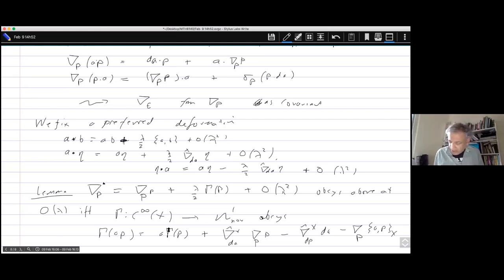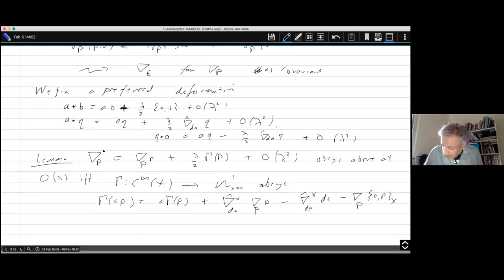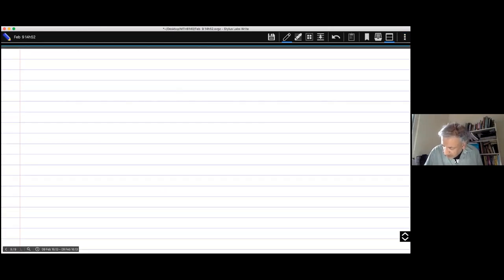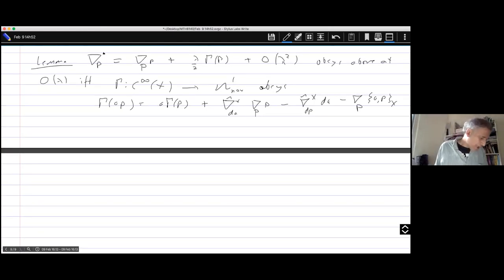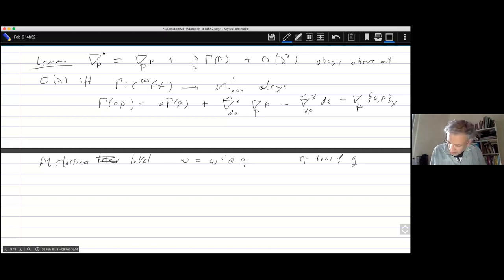So then we have to solve these conditions. This is the semi-classical data for a spin connection on a quantum principal bundle at semi-classical order. And when we start proving things about it, we'll need all the assumptions of a quantum principal bundle. That's where I'm going to end. I just need to make one remark: at the classical level, the usual spin connection omega would be of the form omega I tensor E_I, where E_I is a basis of G, and the omega I are in omega 1 of X, such that the properties we're familiar with hold.